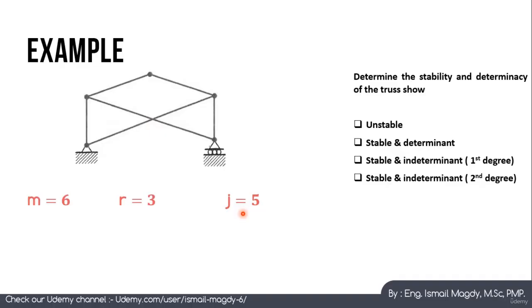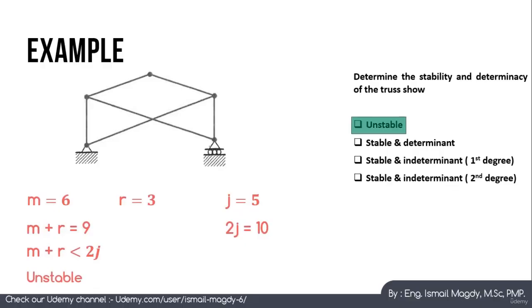So we have only 5 joints. Now we can calculate M plus R, which is 6 plus 3 equals 9, and 2J, which is equal to 10. This means that M plus R is less than 2J, which means that this truss is unstable. So the answer is the first option, which is unstable.